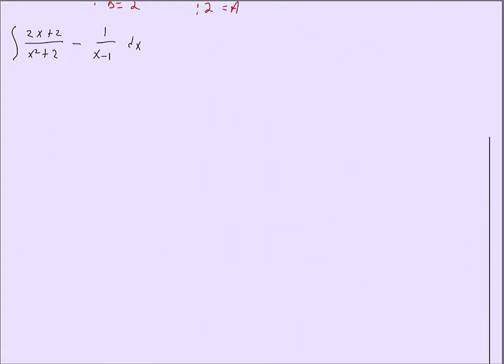But in order to integrate the other fraction, 2x plus 2 over x squared plus 2, first I need to separate the two integrals. But while I'm doing that, I don't have any method of solving that that's going to work, unless I chop up that fraction into the sum of two smaller fractions. So what I'm really going to do is not chop this up into two separate integrals. I'm going to chop it up into 3.